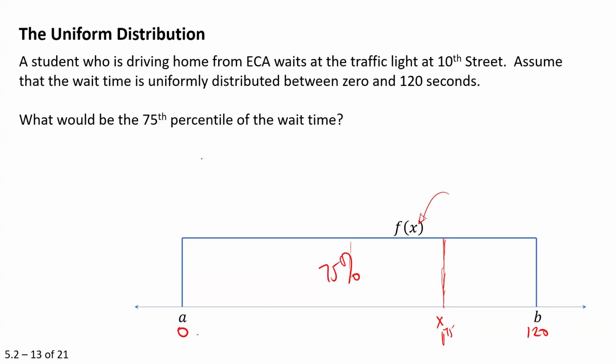Yeah, 120 times 0.75, which is 90. So this is the 75th percentile, or sometimes abbreviated this way: P sub 75 is equal to 90 seconds.